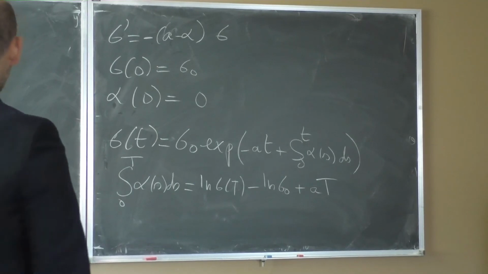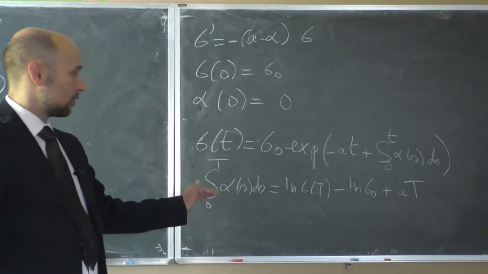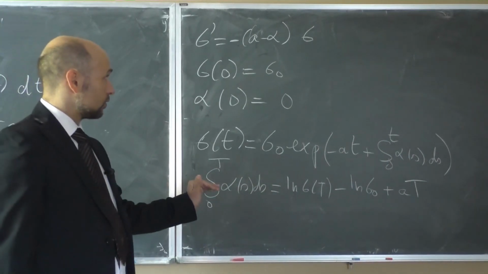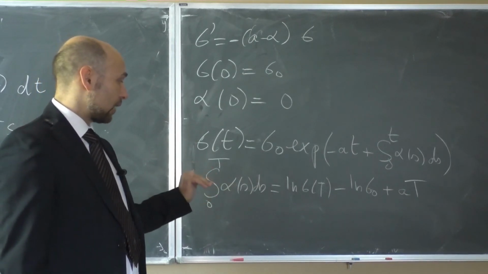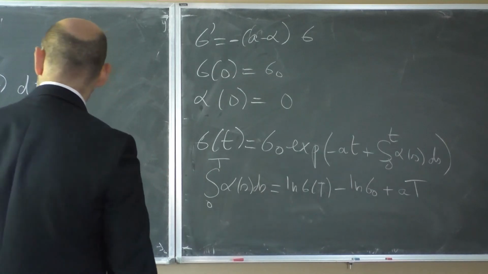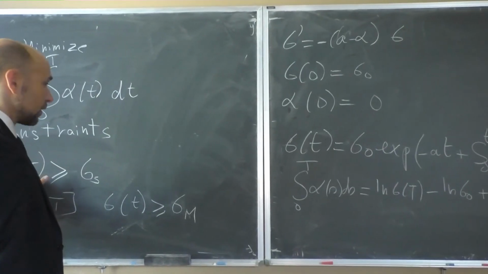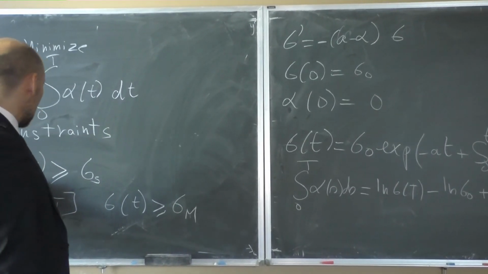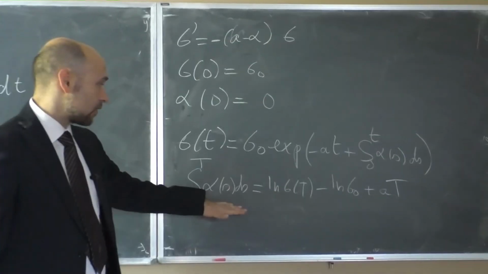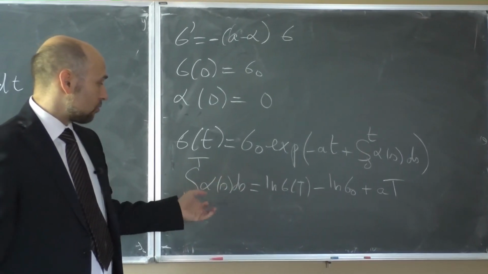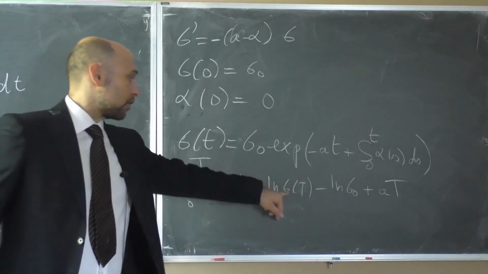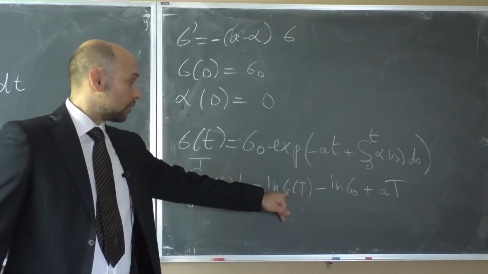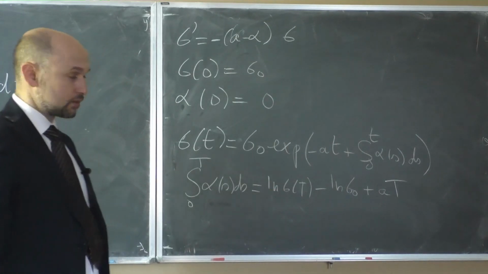All right, now I remark that I have this constraint and I want to minimize this quantity. So if I want to minimize this quantity, I just take the minimal value possible for sigma, which is sigma s.